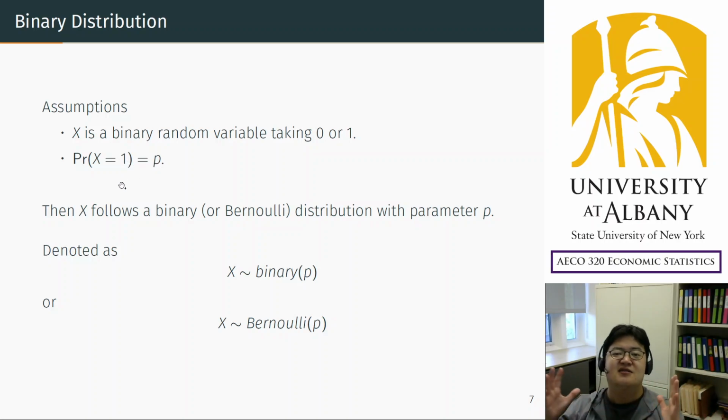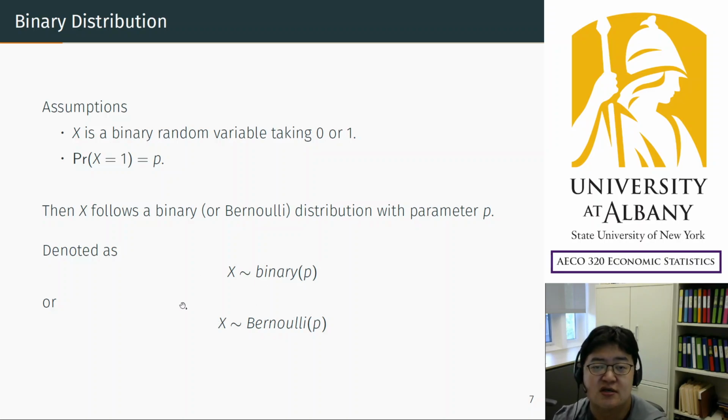This is the simplest possible probability model. By the way, Bernoulli was a legendary statistician, like several centuries ago, and he defined this model, and so we call this distribution the binary distribution or Bernoulli distribution.